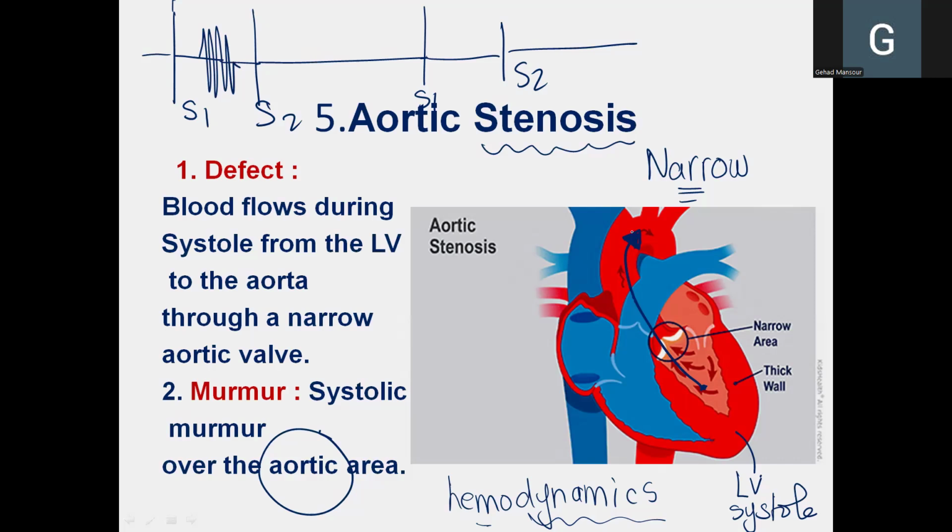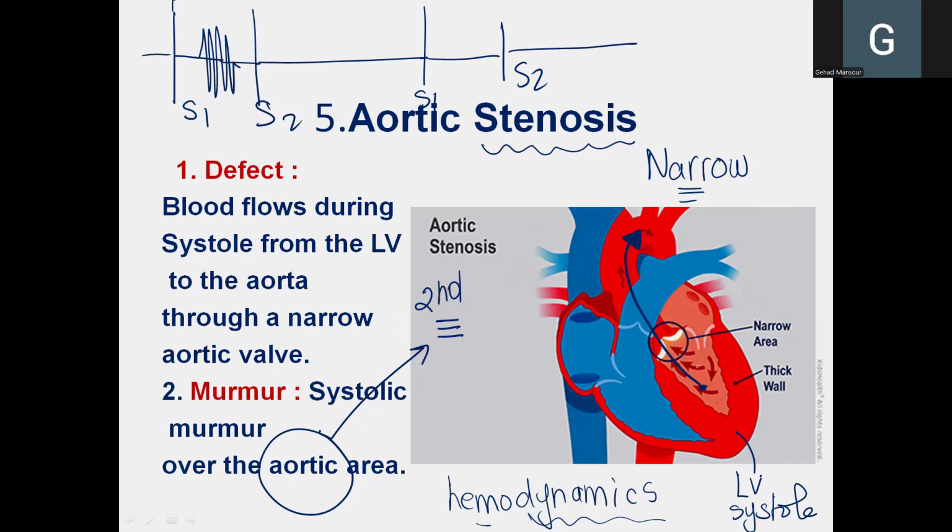And the best way to differentiate systolic murmurs is by their location. So here you can best hear the murmur of aortic valve stenosis on the aortic area, I mean the second intercostal space just to the right of the sternum.